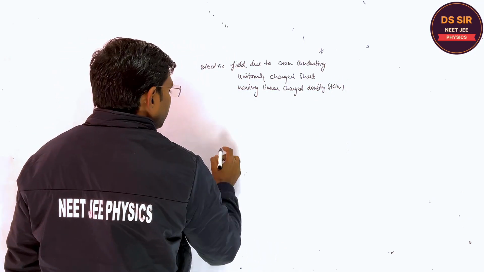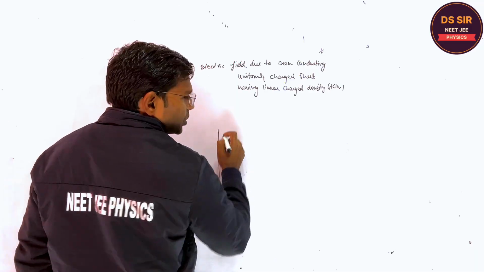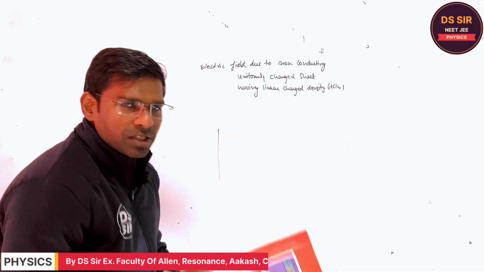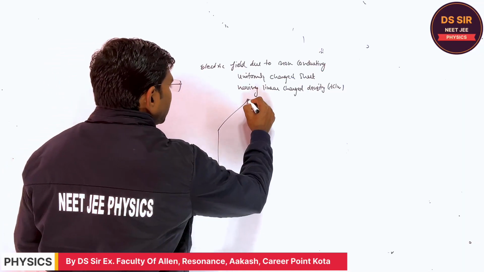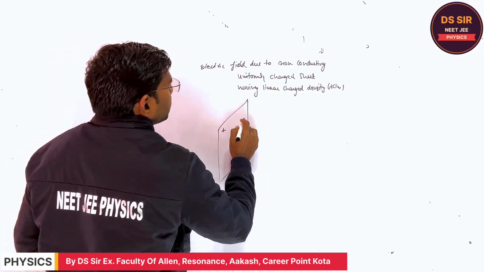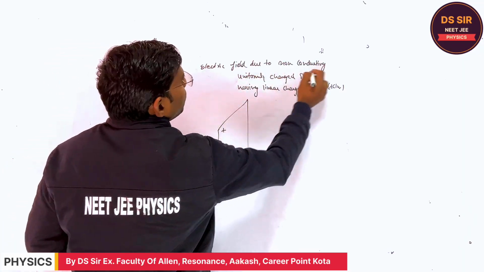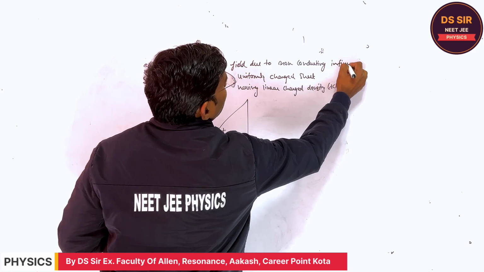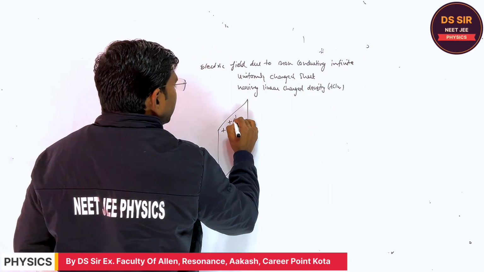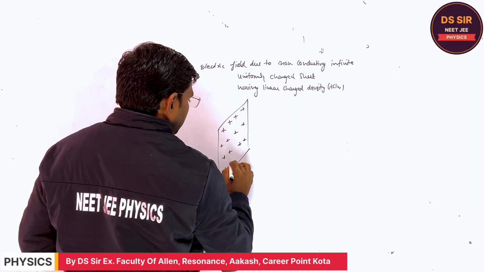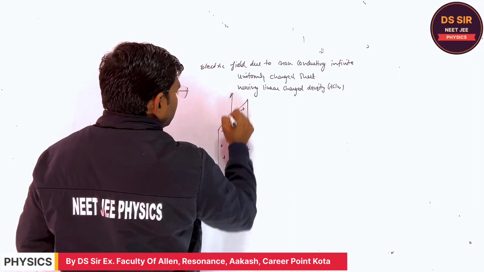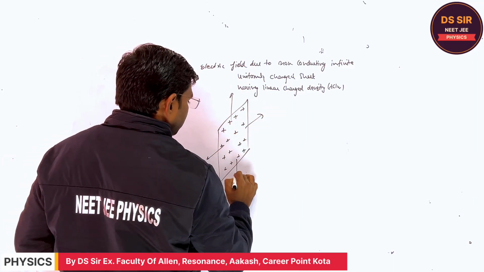What does it mean? Suppose this is the sheet, a non-conducting sheet it is. If you have given the charge, infinite long, meaning like this. This is the sheet, right?